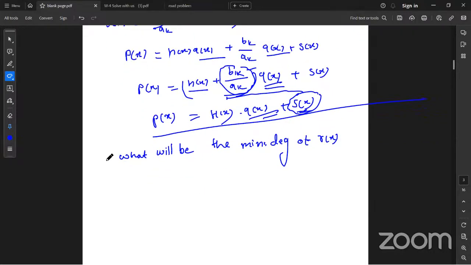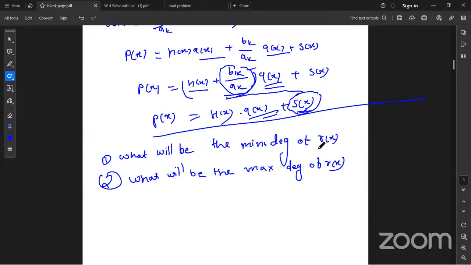The first question is like this, and another one is: what will be the maximum degree of Rx? These two questions will arise, right? What will be the minimum degree of Rx, and what will be the maximum degree of Rx?